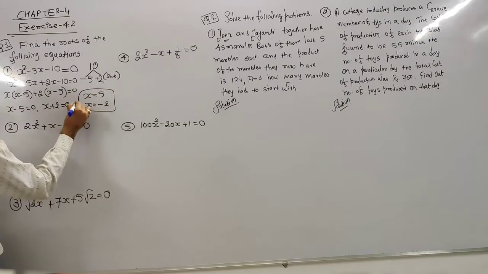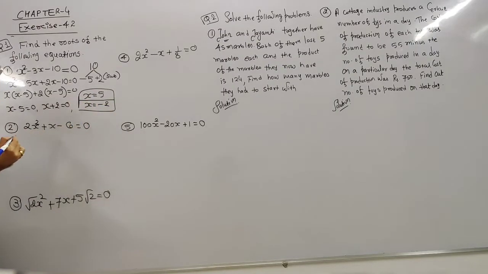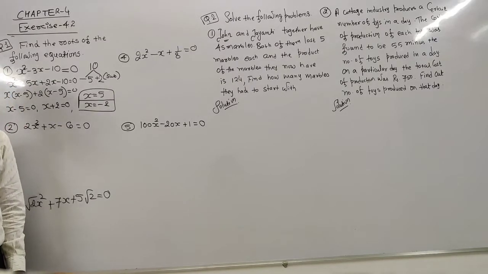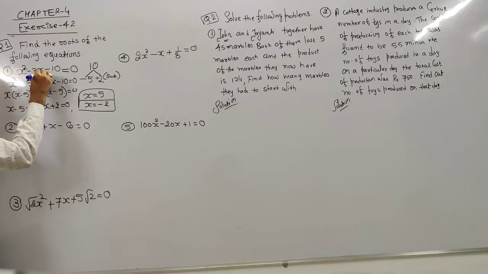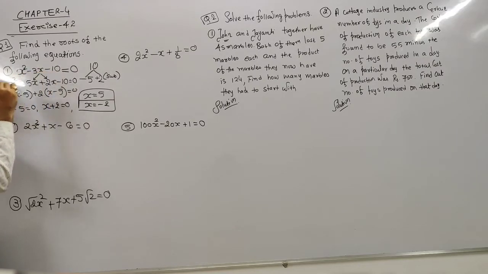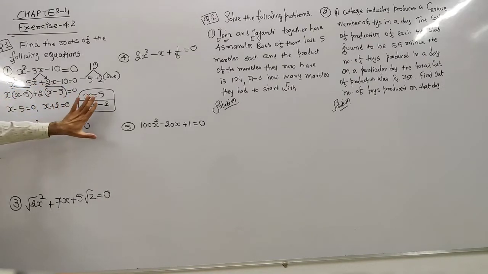This is the solution of this quadratic equation, you can say the roots of the quadratic equation. So here we use the method of trinomial, and I split 3x into minus 5x and plus 2x. Then we used the common factor method, and then we found the value of x.